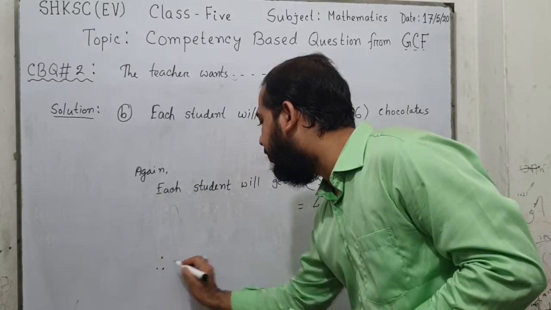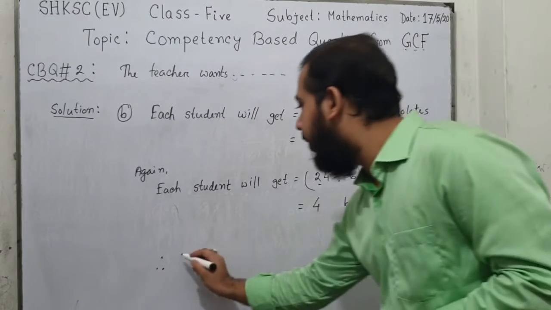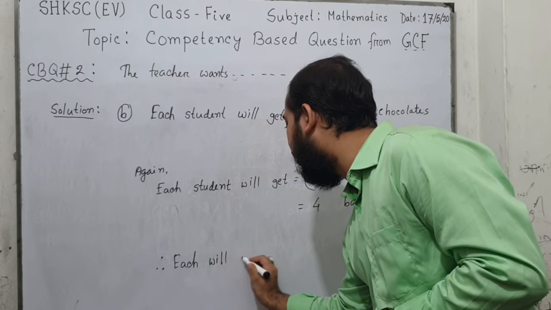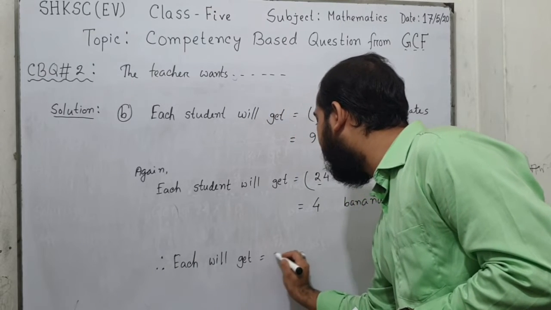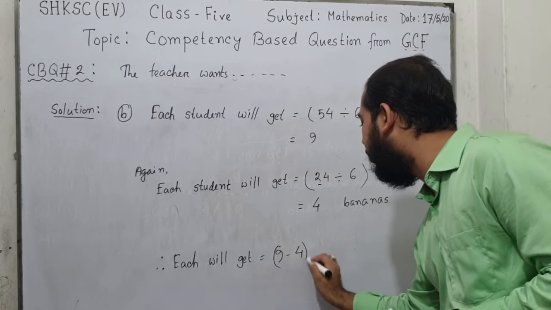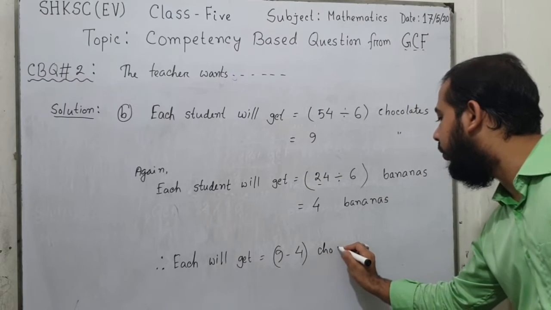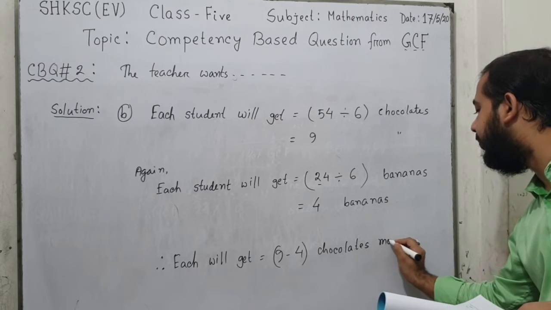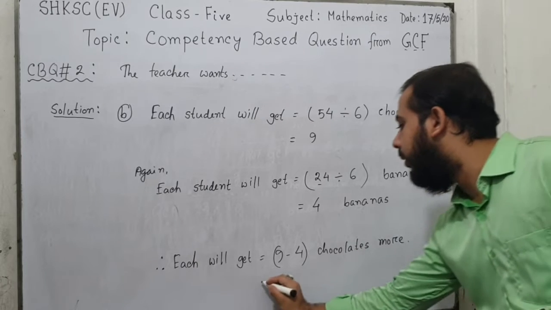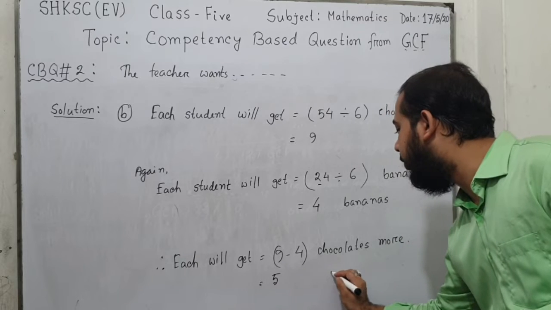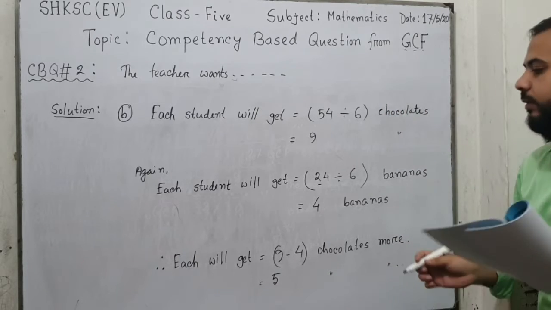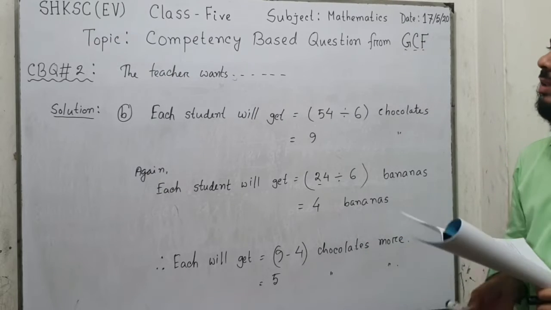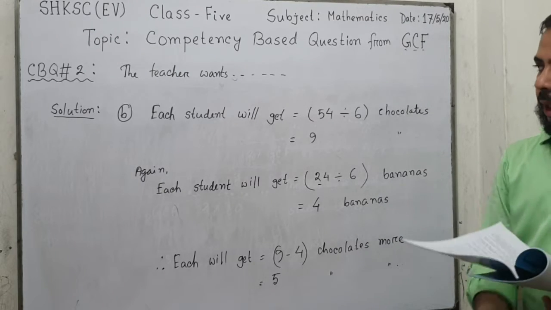Therefore, we get 9 minus 4, that is 5 chocolates more. Each student will get 5 chocolates more than bananas, which completes question number 2.